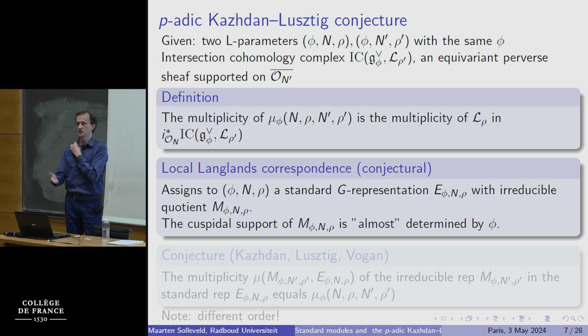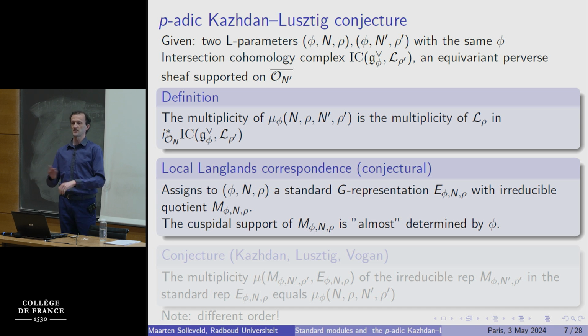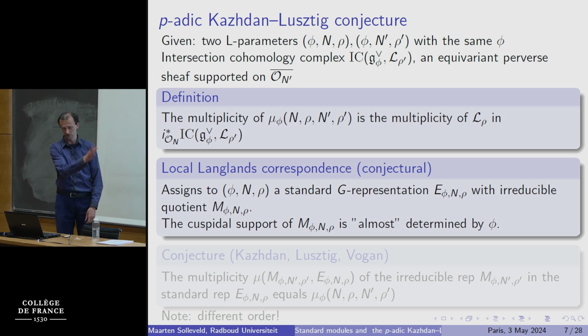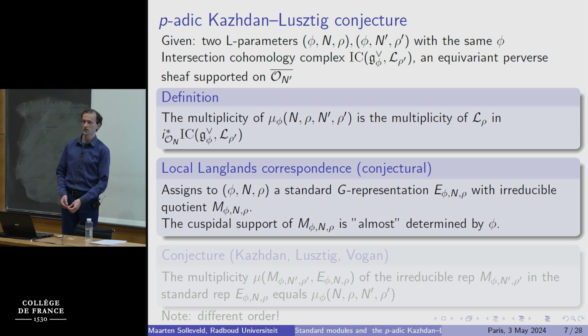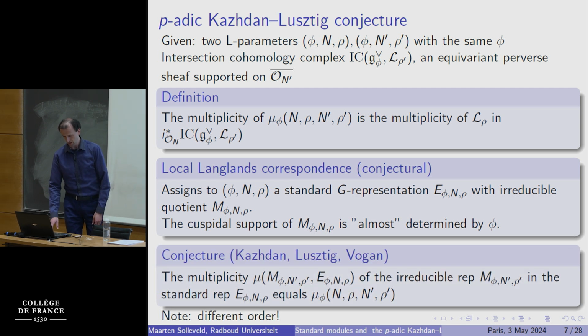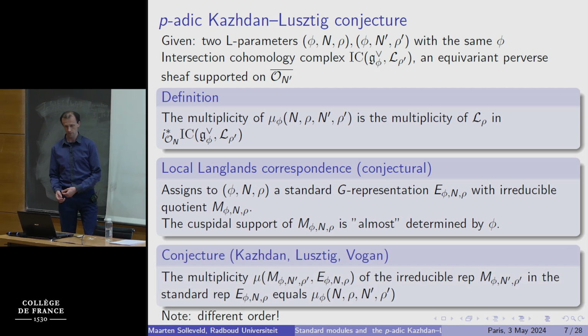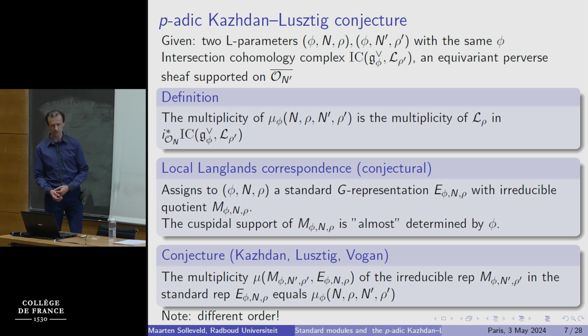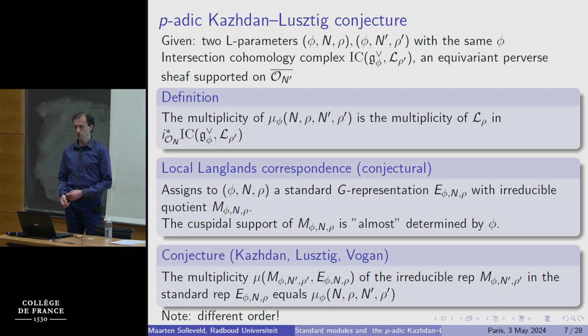So in this sense, this standard module business says you only have to look at standard modules and irreducible representations which have the same cuspidal support, and this is what explains why you need only have parameters with the same phi.